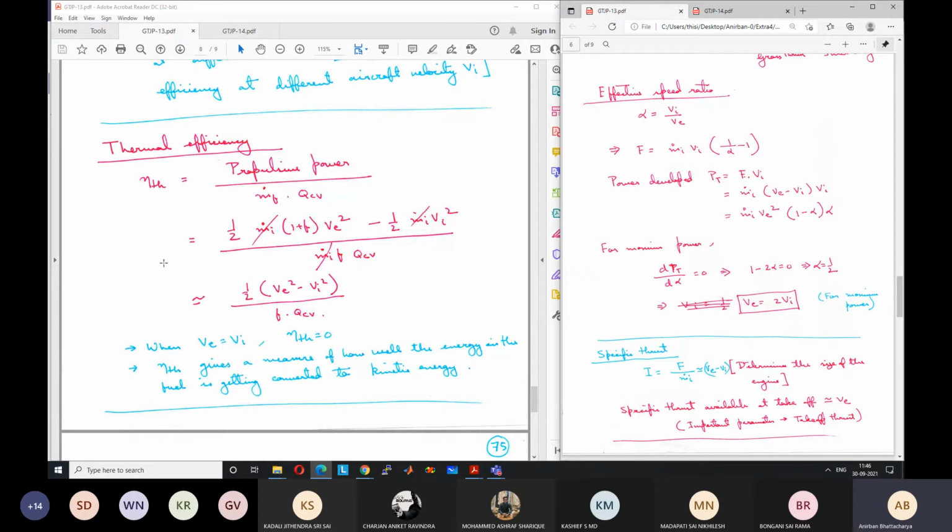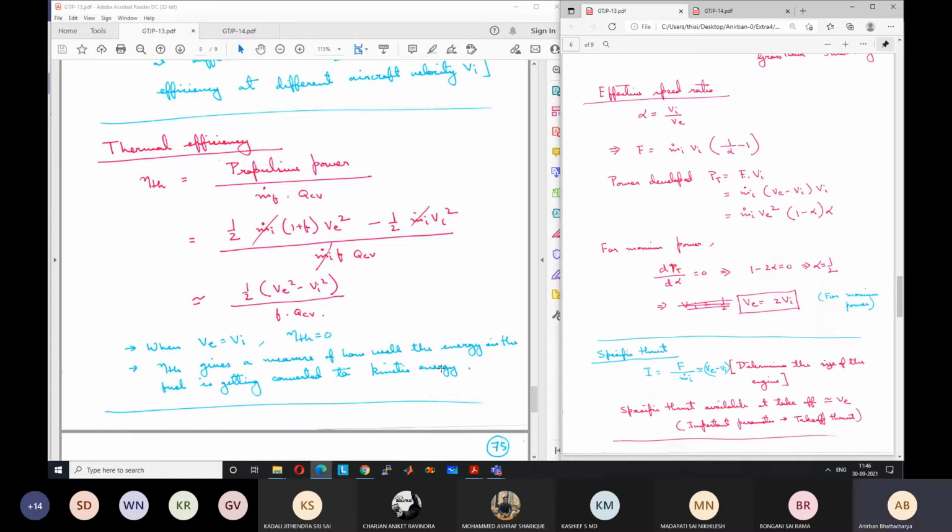The engine is not producing any useful work, because whatever is the inlet velocity of the air, it exits at the same velocity without any increase in kinetic energy. So at that condition, the thermal efficiency will be 0, although the propulsive efficiency will be 1. So eta thermal gives a measure of how well the energy in the fuel is getting converted to the increase in kinetic energy of the gases.